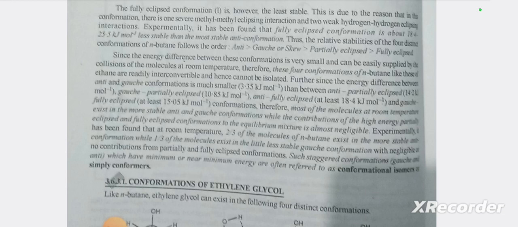Since the energy difference between these conformations is very small and can easily be supplied by collision of the molecules at room temperature, these four conformations of n-butane, like those of ethane, are readily interconvertible and hence can't be isolated.